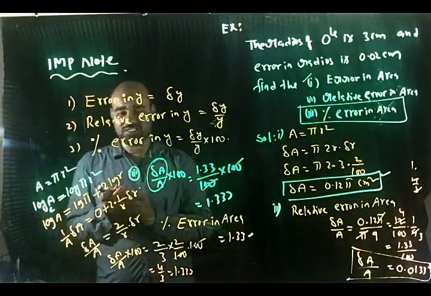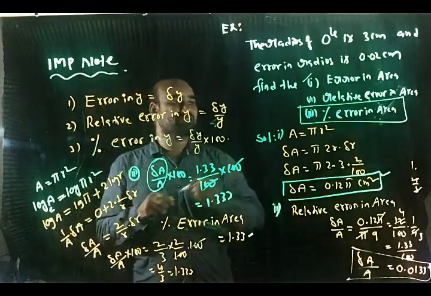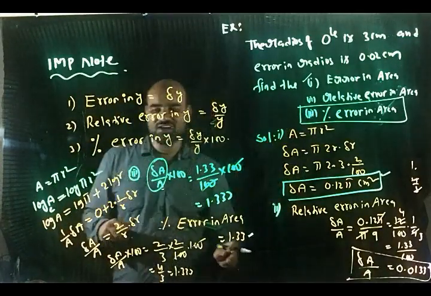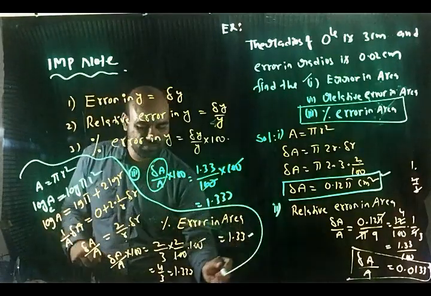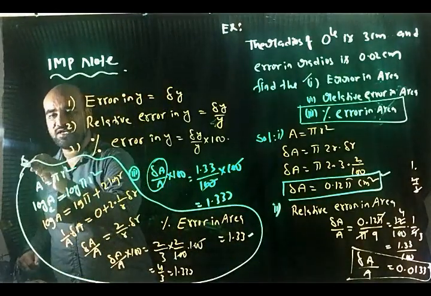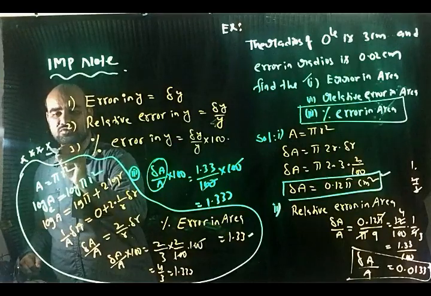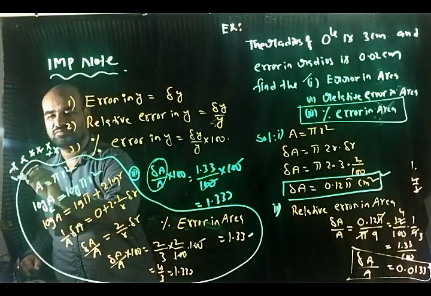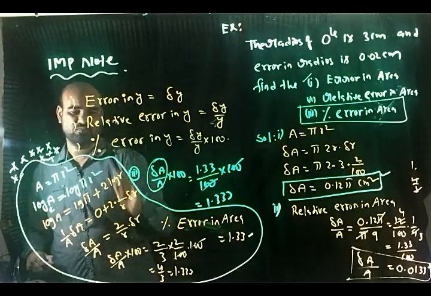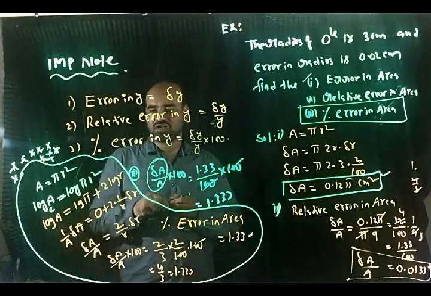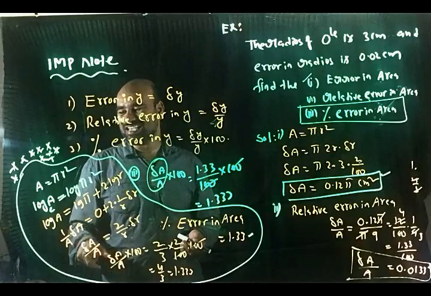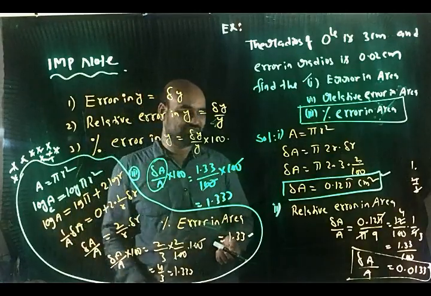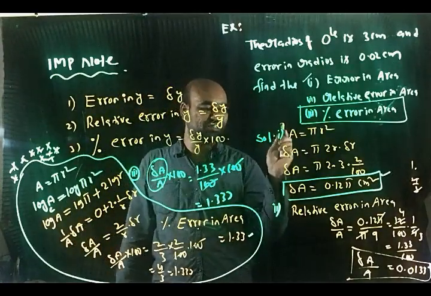So an important thing: if we want to find percentage error in area or percentage error in volume or something, by using logarithms directly you can find it. This is the approach to find the percentage error in area directly without finding delta A separately, delta A by A separately.